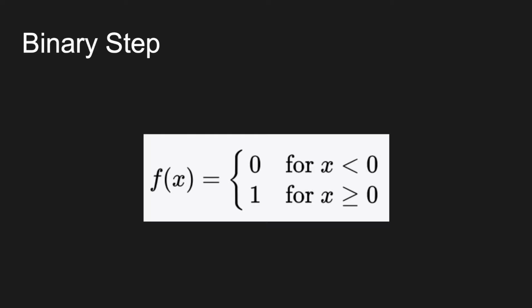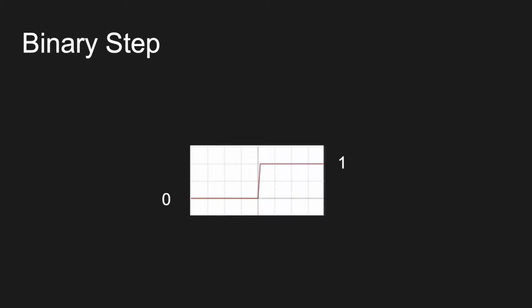If your numbers were in the range of -1 to 1, you would use something like this. A binary step classifier is also represented by a simple graph, which means on the negative side of the x-axis, you have the y value of 0, and on the positive side of the x-axis, you have the y value of 1. This is the simplest form of activation function for a neural network.